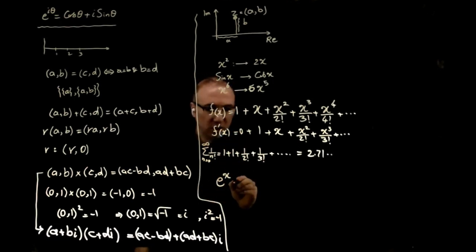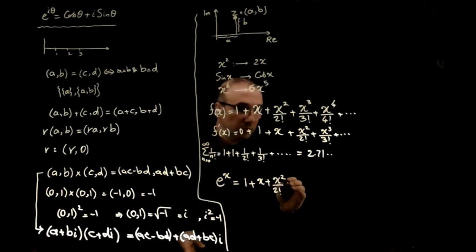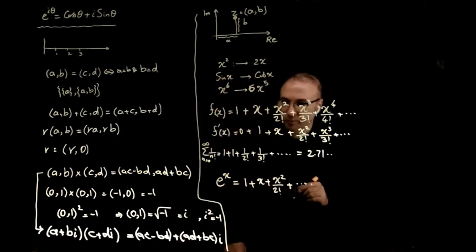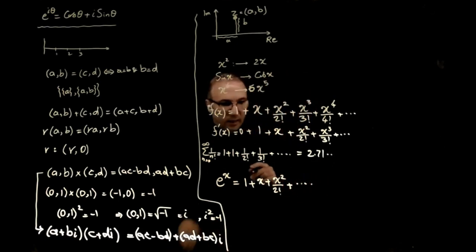This is a function that can be written as 1 plus x plus x squared over 2 factorial plus all the other terms, all right? So because when I put 1, it would be e, so e to the power of x would be this number.